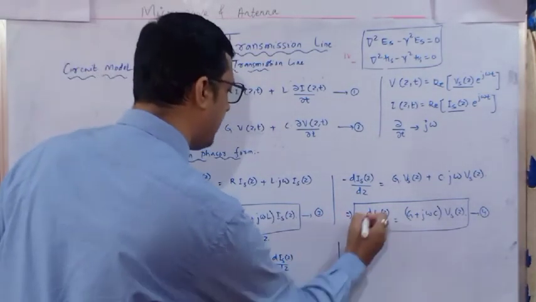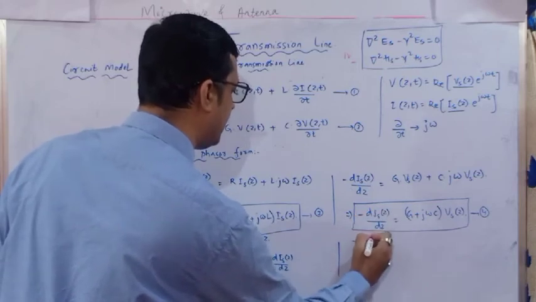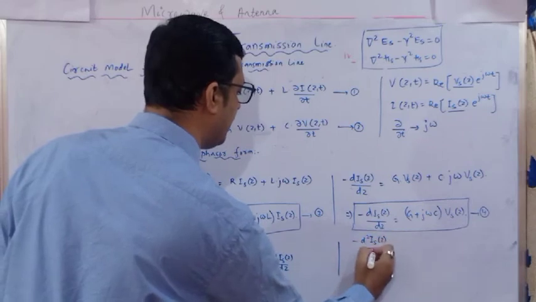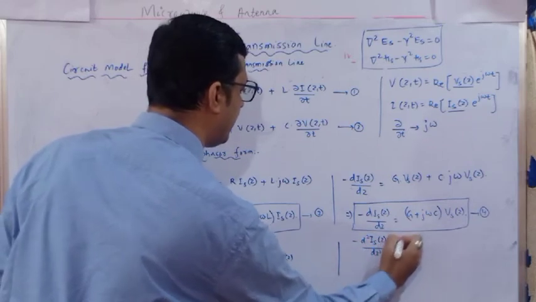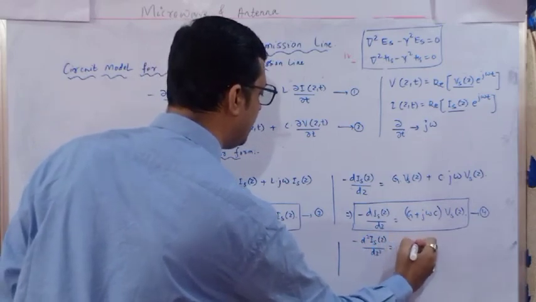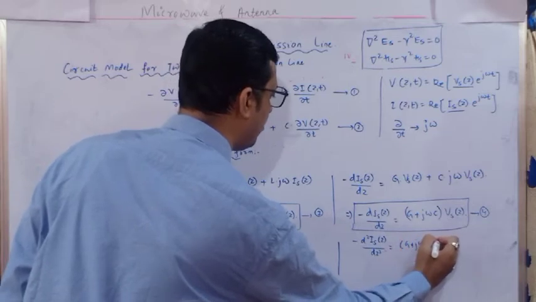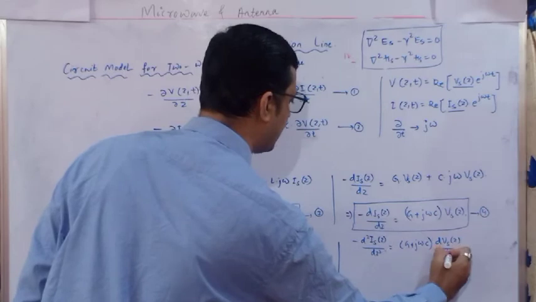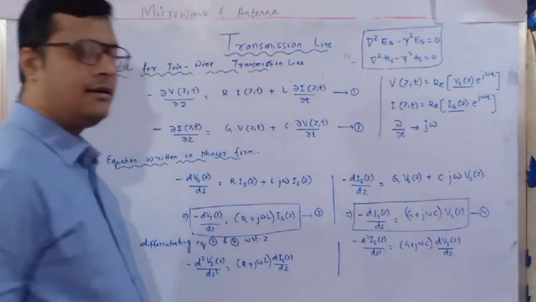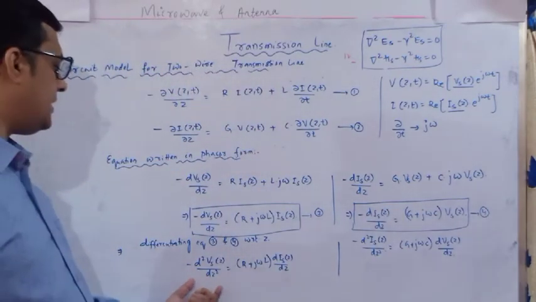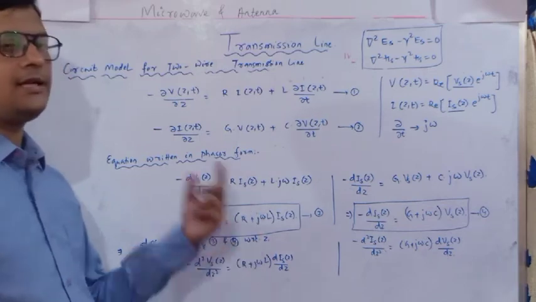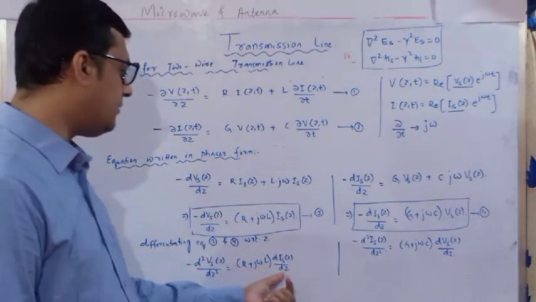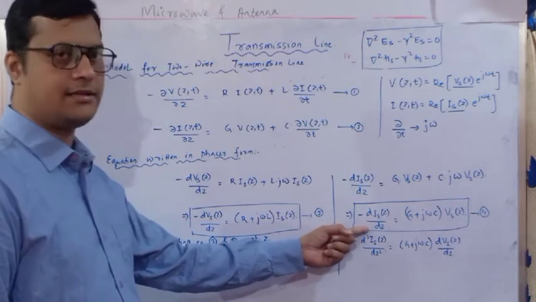Similarly, if I differentiate this, I will get d square Is of z by dz square, and on the right G plus j omega C dVs of z by dz. Now this equation we have to represent only with respect to voltage. dIs of z by dz is this much.